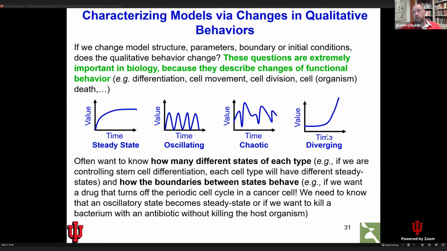If we want the cell to die, we might want the cell to be knocked from an oscillating state to a divergent state. Those might be important things to understand if we want to, say, use an antibiotic to kill bacteria without killing the host, or a chemotherapeutic to kill the cancer cell without killing the host. So these boundaries between different types of regimes can be very, very important, even if we can't quantify the exact behavior within the regime.